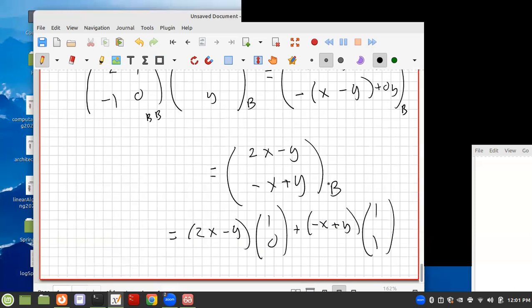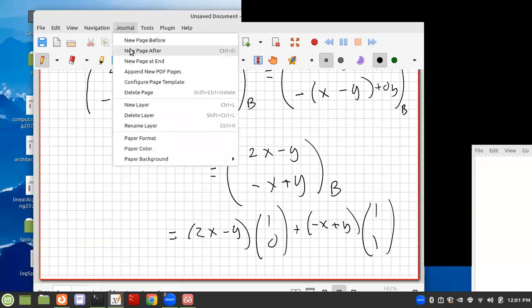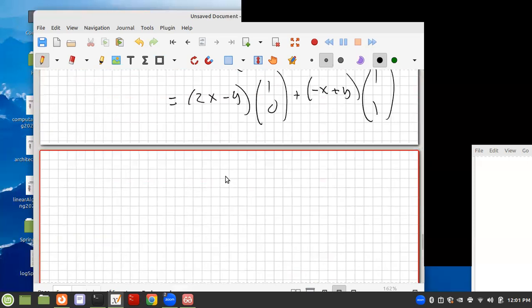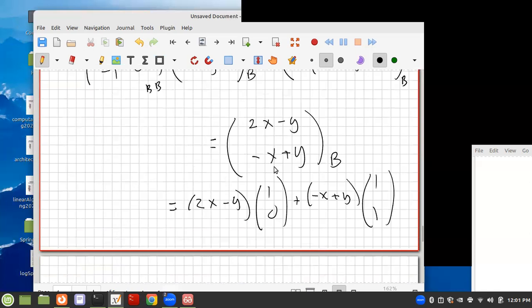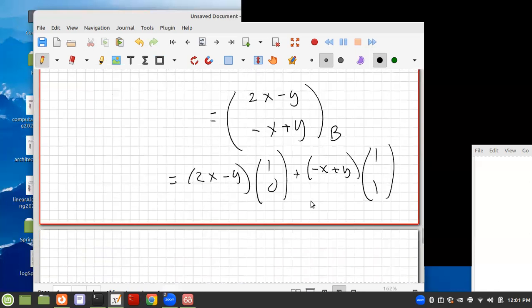That's what this notation means. So I've just written this expanded in the second basis.